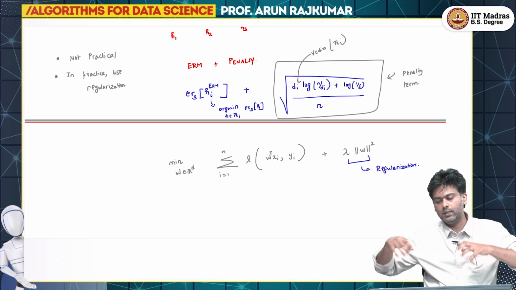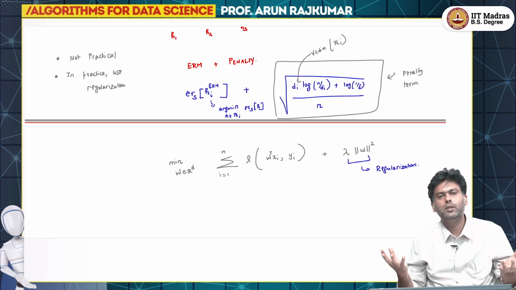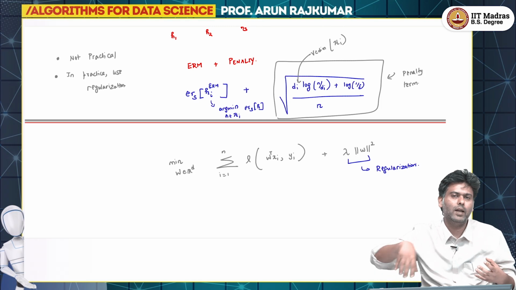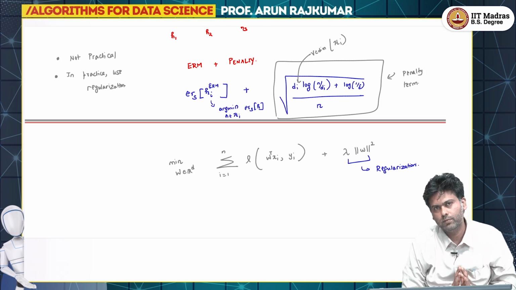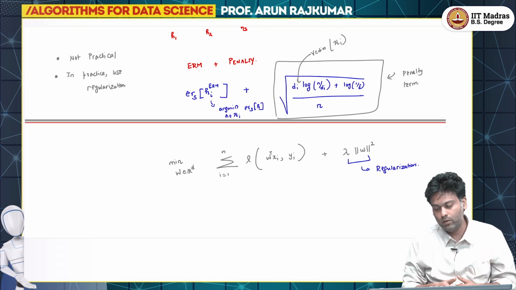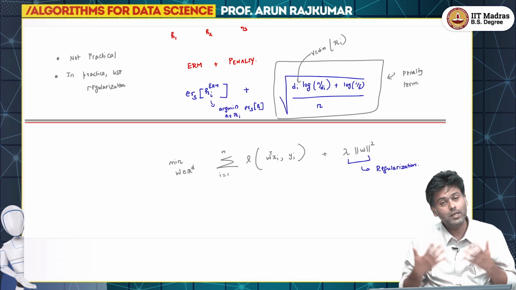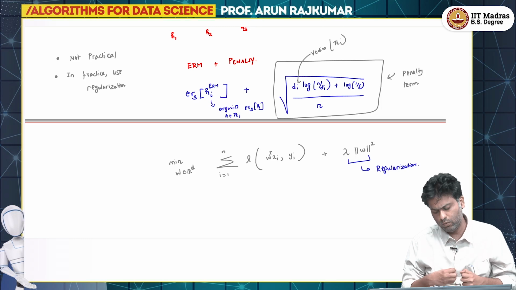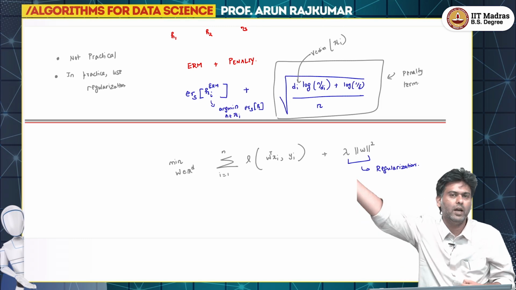You can think of it as this regularization indirectly affecting the space in which you are searching. If you remember kernel methods, you might map x_i to a very high dimension.